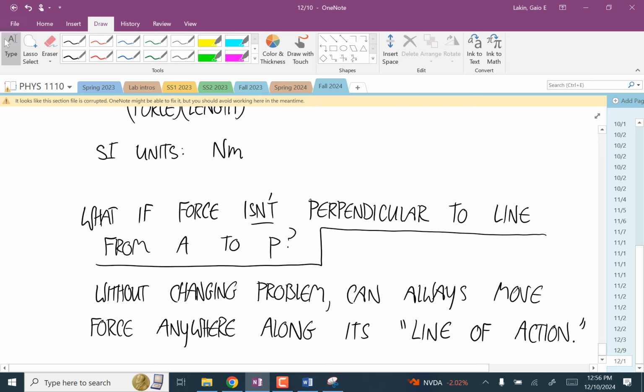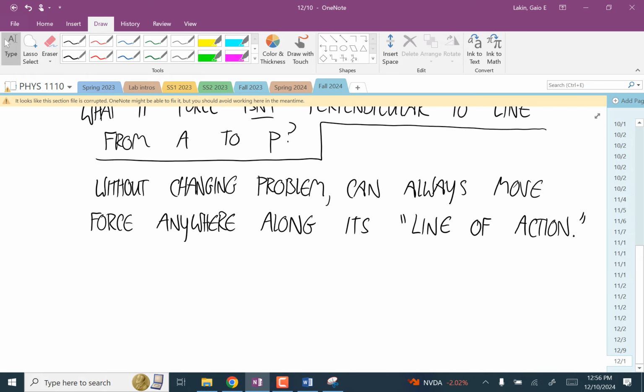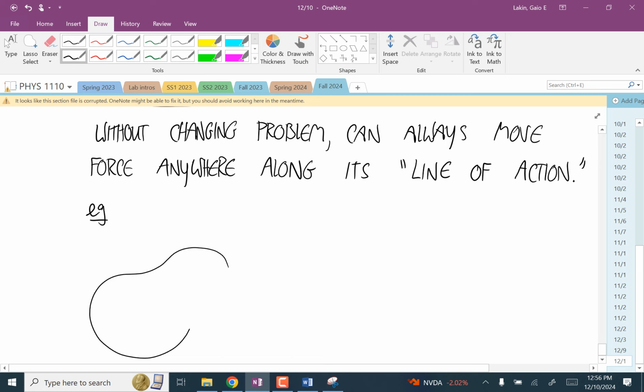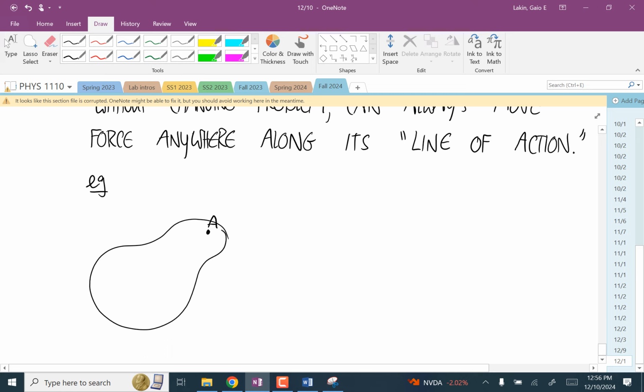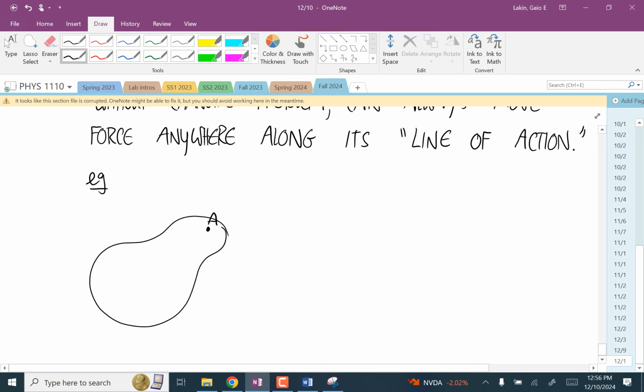The line of action is just the line that the force lives in. Let me give you an example. If this is the body, and let's say the hinge is here, and there's a force F applied here.